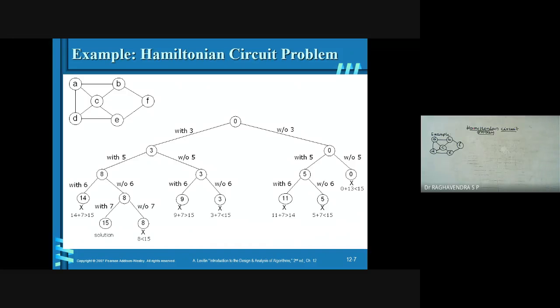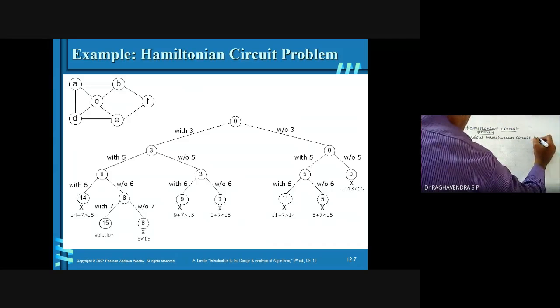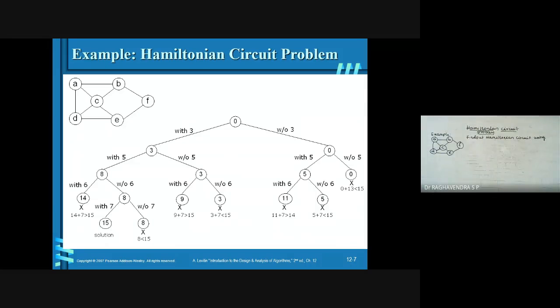For this graph, I have to find the Hamiltonian circuit by using a state space tree. Find the Hamiltonian circuit using a state space tree.